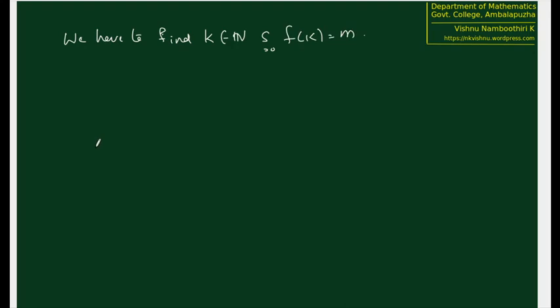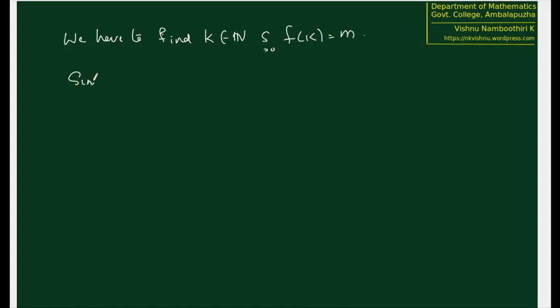Now, though we don't know what exactly this k is going to be, we can probably make a guess. Since m is a non-negative integer, we know that non-negative integers correspond to n minus 1 by 2. Therefore, we will try to solve for k minus 1 by 2 equal to m and locate a value for k.